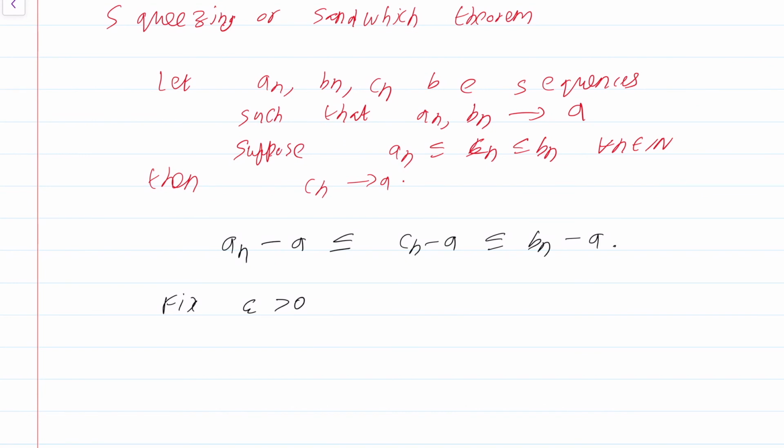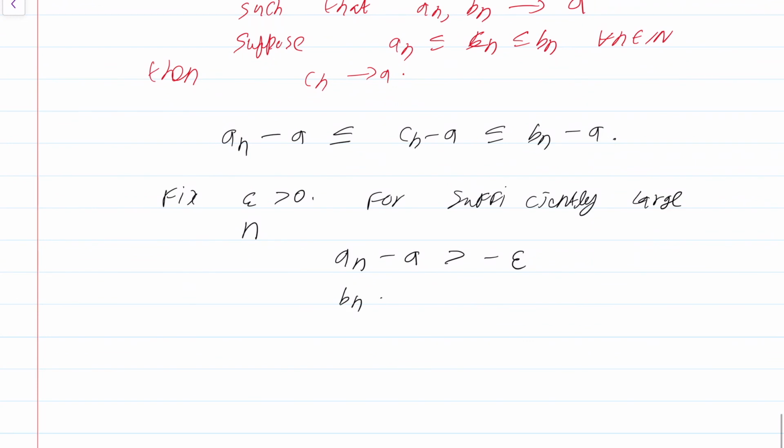For sufficiently large n, we can simultaneously guarantee that An minus A is greater than minus epsilon and Bn minus A is less than epsilon. Why? I want you to think about why we can do this. So that means we have minus epsilon less than or equal to Cn minus A less than or equal to epsilon.